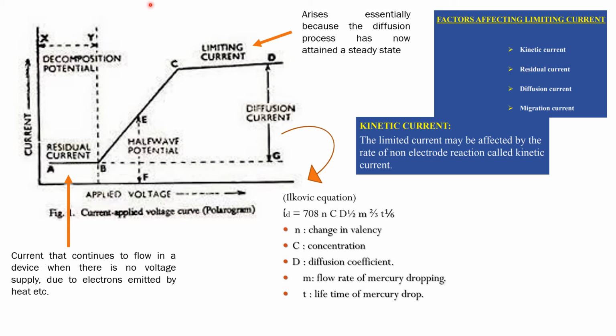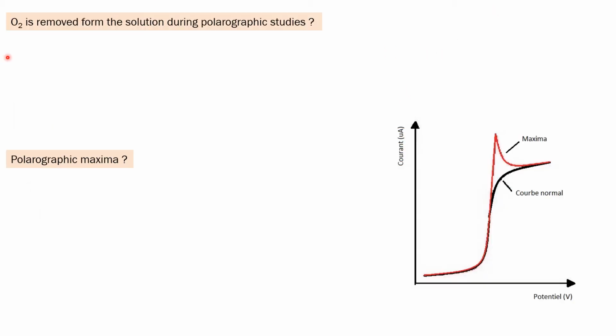So let's have a discussion on some other points regarding the polarographic experiment. Another important point is that when you start this polarographic experiment, you remove oxygen from the solution. And what is the need of removing this oxygen before you start? The reason is that oxygen is also an electroactive species.